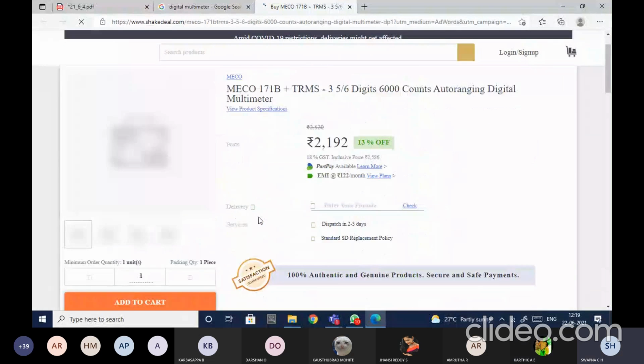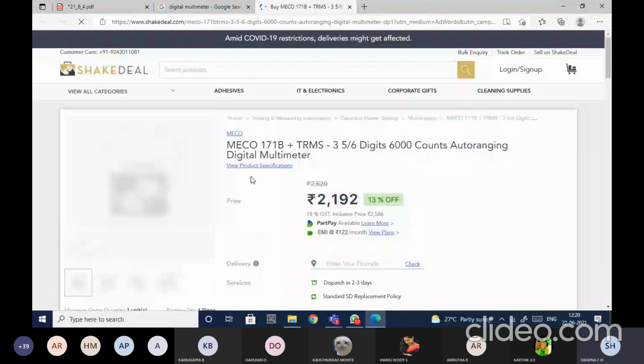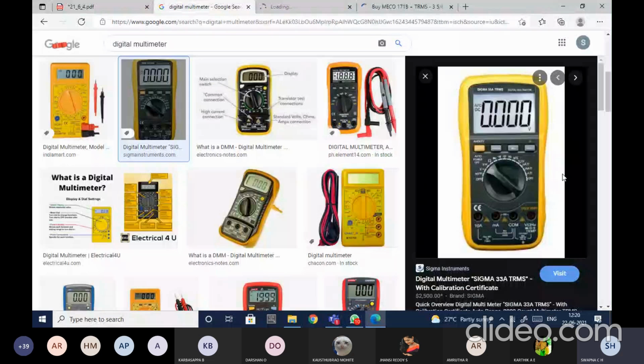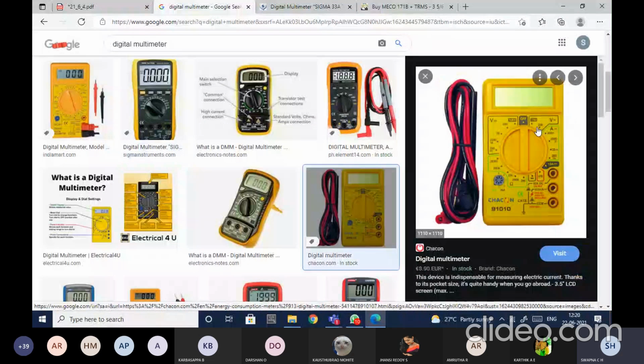Hope you people are able to see it, right? Okay, fine. This is a multimeter. What is the use of this multimeter? We'll be able to measure DC voltage, DC current, AC current, AC voltage, and resistance.